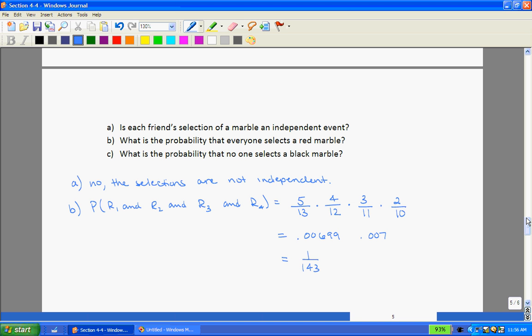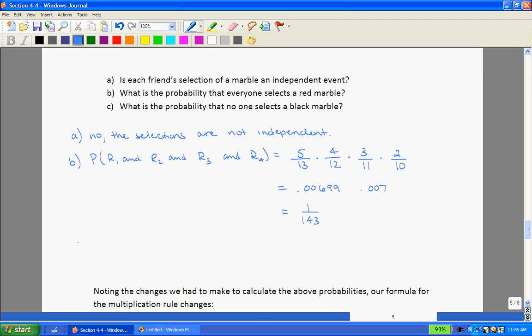Okay, and C. What is the probability that no one selects a black marble? So we want the probability that the first person doesn't select one, and the second person doesn't, and the third person does not, and the fourth person does not.